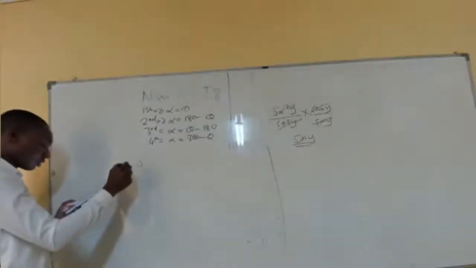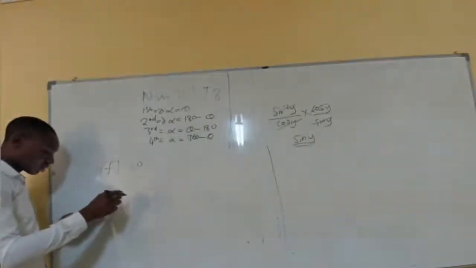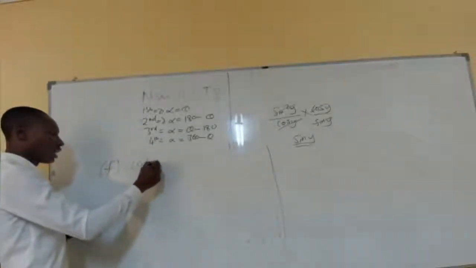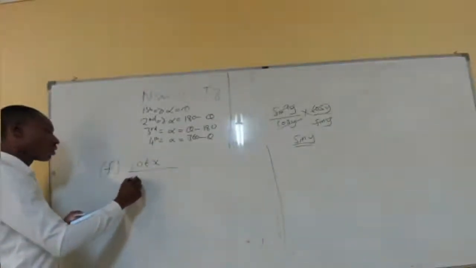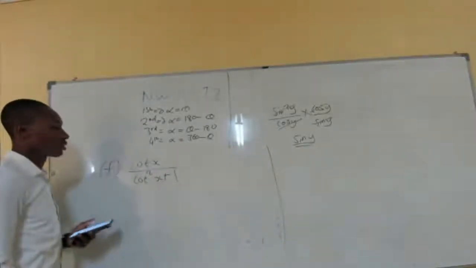Okay, so let's pick f. Cot x over cot squared x plus 1.